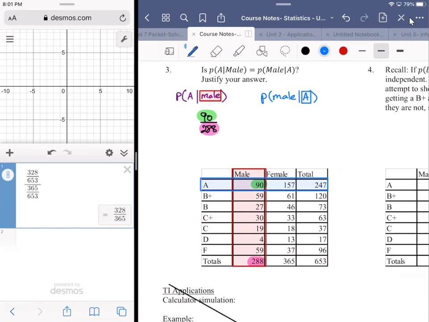From that group, we have 90 individuals who got A's and 247 individuals overall. So 247 and 90. These two numbers can't be equivalent to one another. So is the probability of A given male the same as the probability of male given A? The answer is a resounding no.